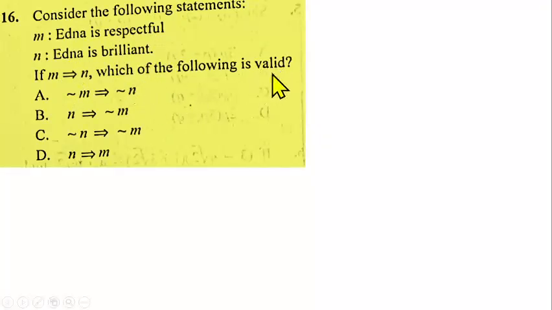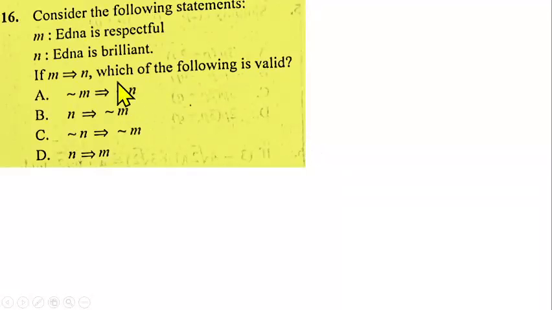Which of the following is valid? That is, which of these options given to us also implies if M then N. Out of these options A to D, one of them is equivalent to this compound statement given to us here, if M then N. One of them is equivalent to this, and that's what we want you to find out.